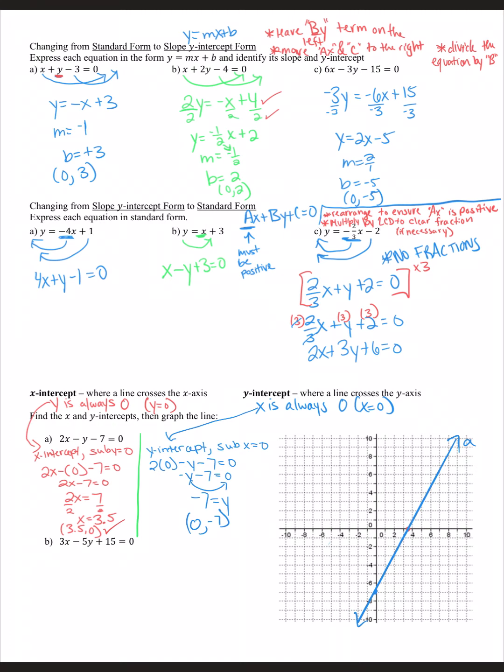Okay, I'd like you to pause the video and see if you can work through finding the x and y intercepts for that next example, and then graph it on the graph to the right there.